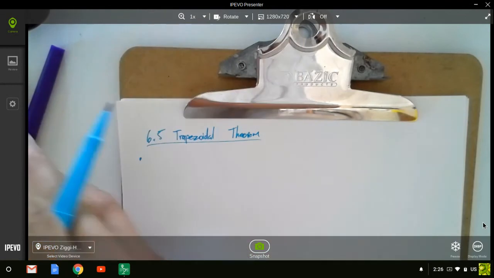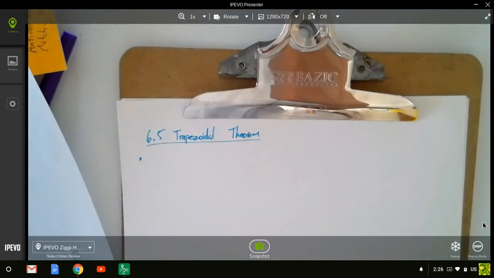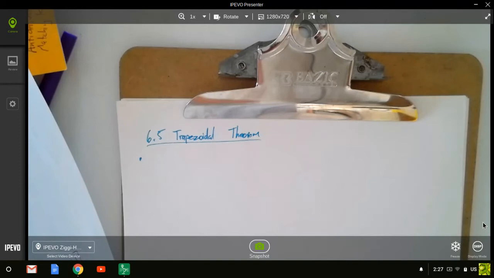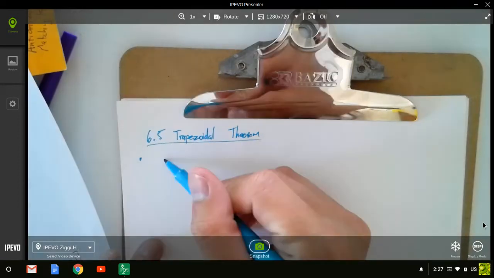Okay, so in the past, you are known to have taken the area under a curve. Does anybody remember how you would do that?